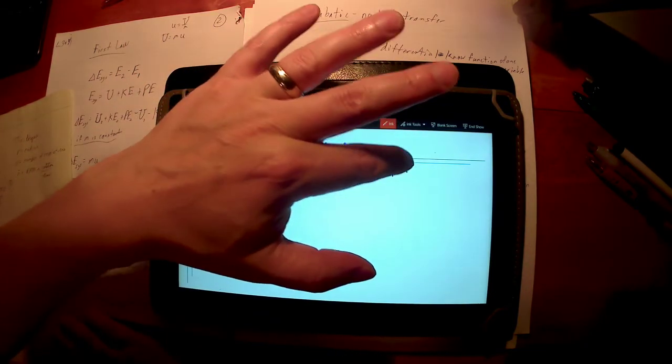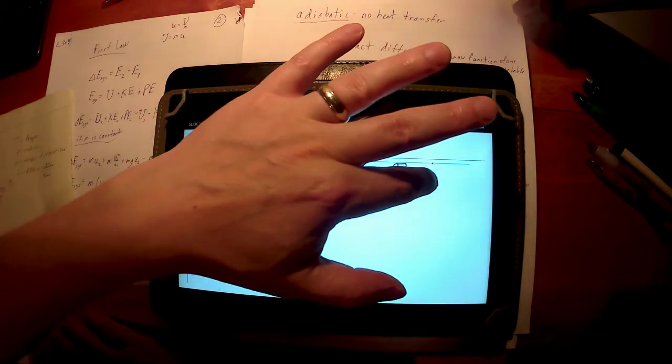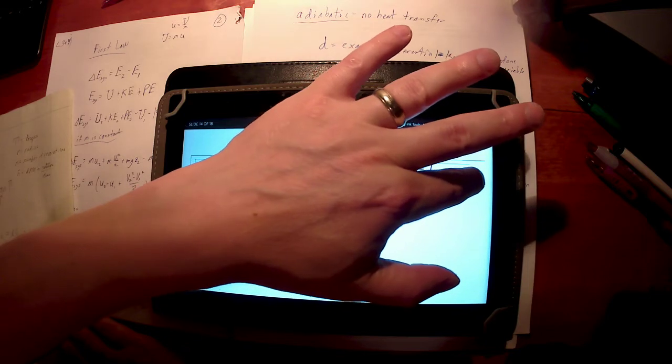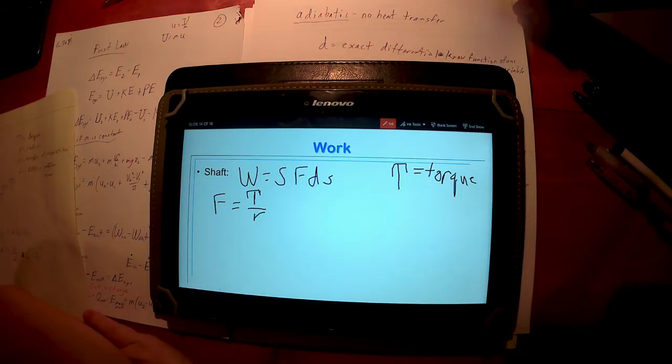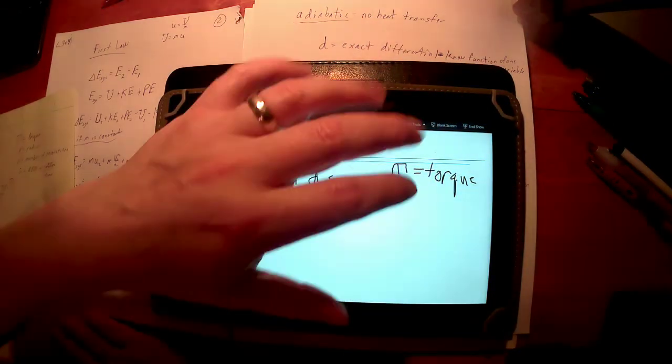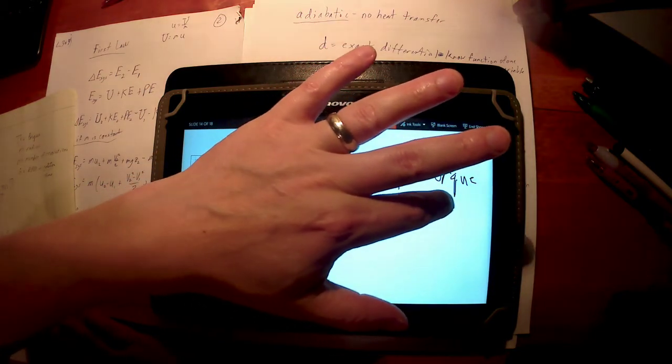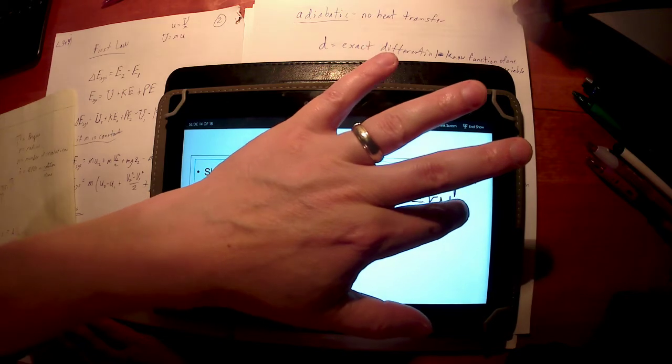So T, this funny looking capital T, is what we call torque. If you've had statics, that's very similar to a moment. That is a force applied at a distance, and the distance, R, is the radius of the rotating shaft.